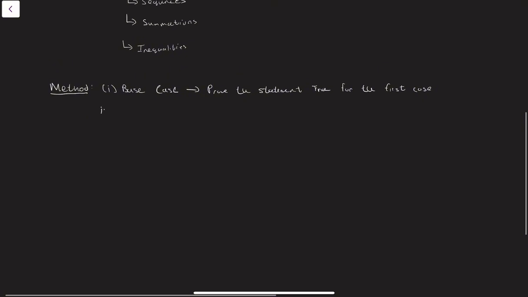Then, the second one, we have our induction hypothesis.